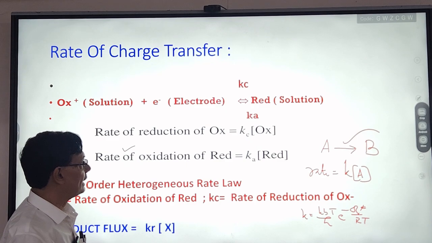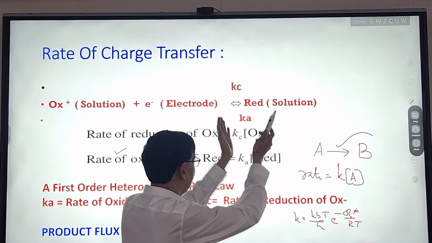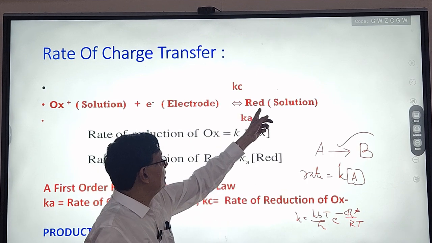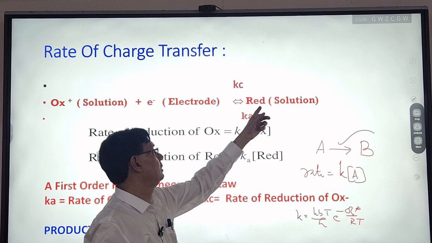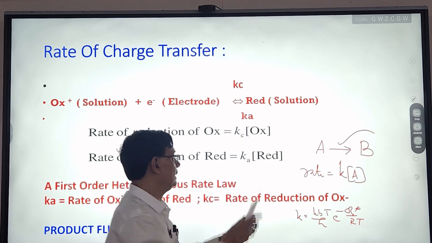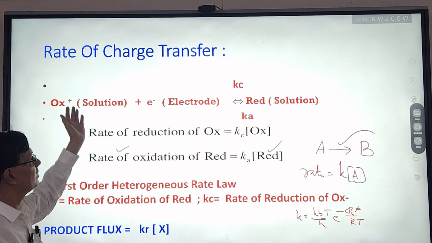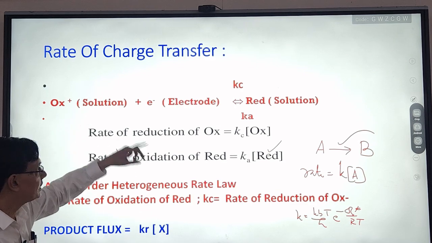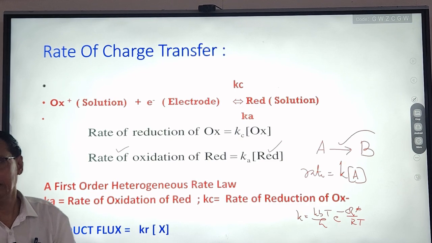So we can write k, because अब इधर का हम देख रहे हैं. देखिए, here the substrate is reduced. So therefore I have written here k reduced. And this side, cathodic current, the substance is the oxidized species, the oxidant.